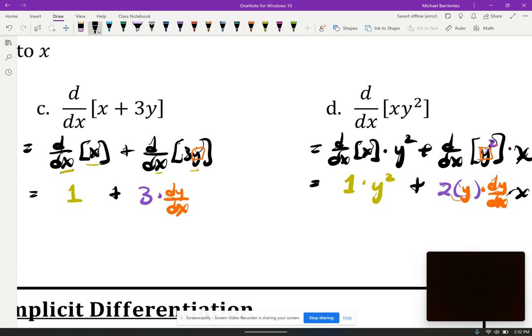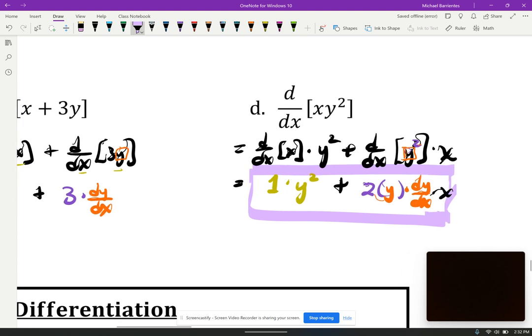And so this would be the complete implicit differentiation that I would need for this expression. I took the derivative of the first, 1, times the second, y squared, plus the derivative of the second, that would be 2y times dy dx, times the first, which is x.